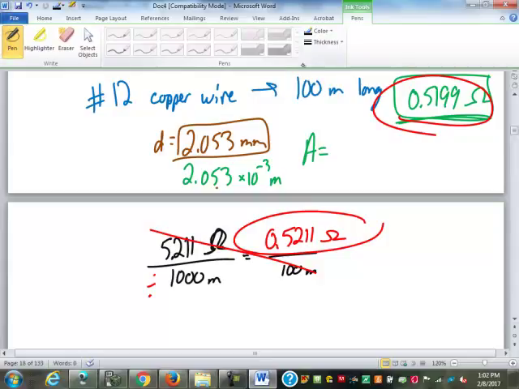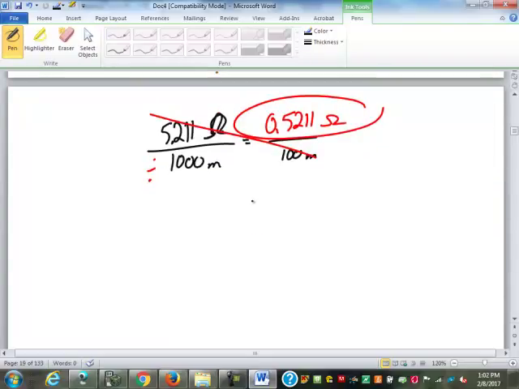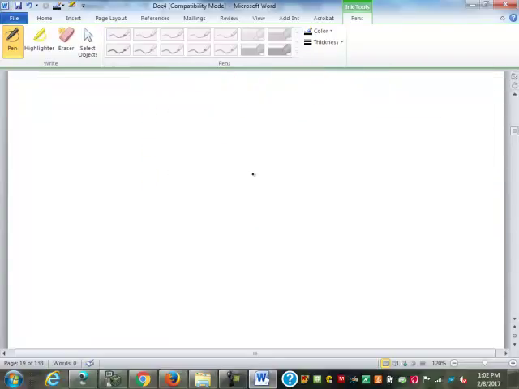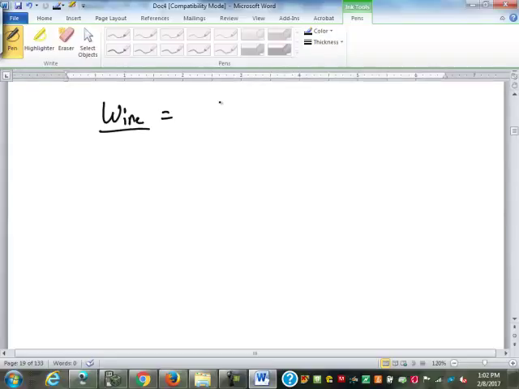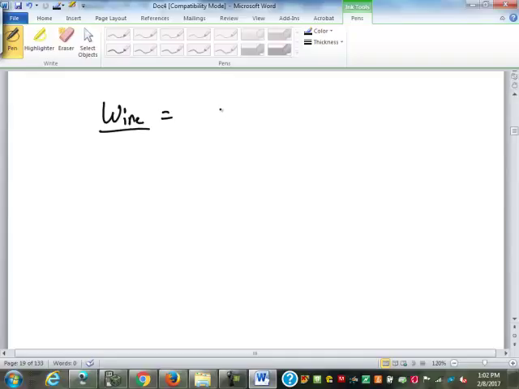So, if we have a wire that is estimated to have a length of, let's say, 80 meters.